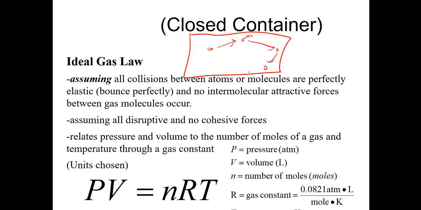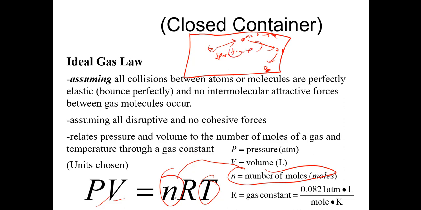We can assume that the pressure from the total bouncing of the particles against the volume of the container is going to be equal to the number of moles, that's the concentration of the particles that are bouncing around, times the speed of the particles, also known as temperature.